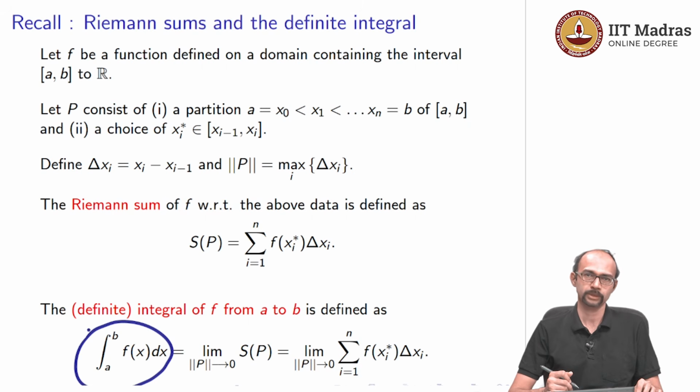It was a fairly non-trivial computation, and we had to do some amount of work to get that. If we have more complicated functions, presumably we would have to do much more work to compute the integral, and that defeats the purpose of defining the integral, which is supposed to quickly calculate these areas.